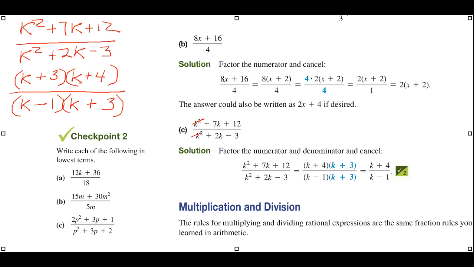So now that we have common factors, this factor of k plus 3 and k plus 3 would cancel out, and then your answer would be k plus 4 over k minus 1. And there's the methodology for doing it. And of course, the work is in our textbook.